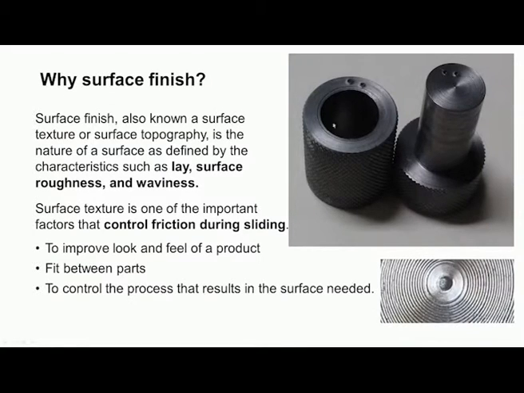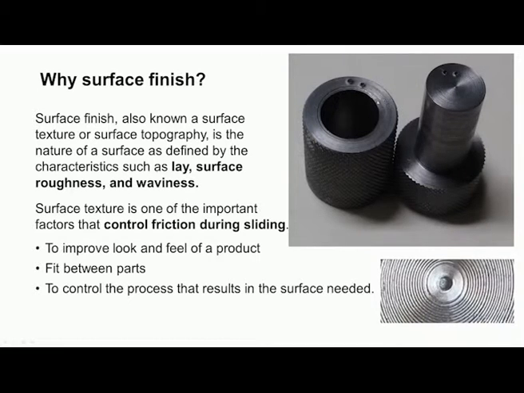Now you can see here we have two mating parts. You can see the finish on the face of this cylindrical part and the roughness on the round cylindrical portion.